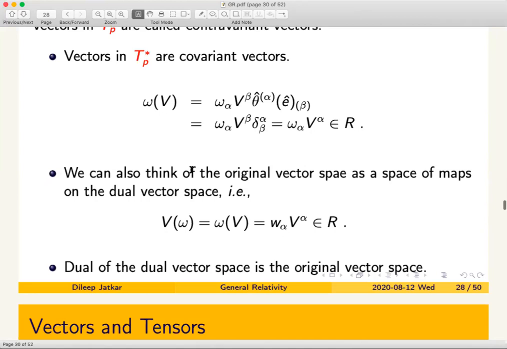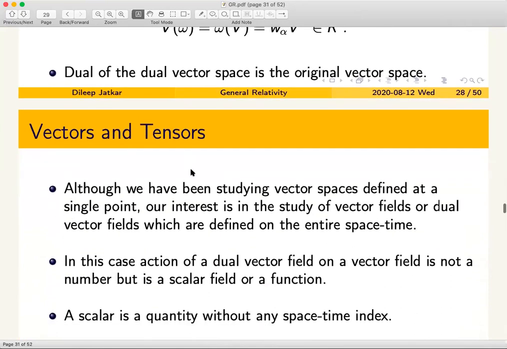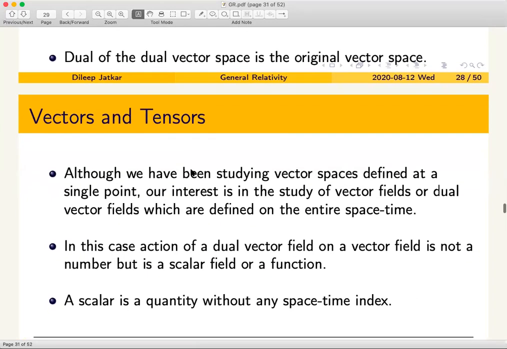Therefore at different space-time points, this inner product belonging to the corresponding tangent and cotangent spaces would give you different numbers. As a result, the dual vector field acting on a vector field will not give you a number, because that would mean all such inner products give the same number. Instead it would give you a function, or what is called a scalar field.